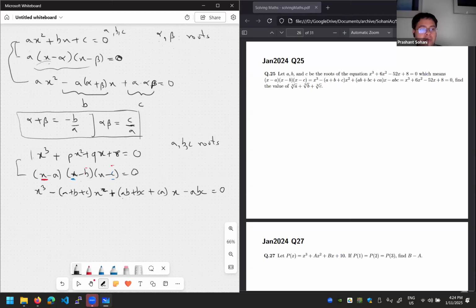Okay, so again, if I compare this term by term with my original equation, what I'm able to do is this is equal to p, this is q, and this is r.